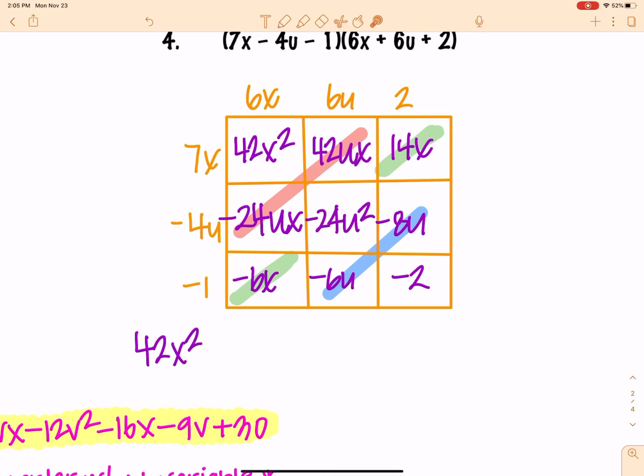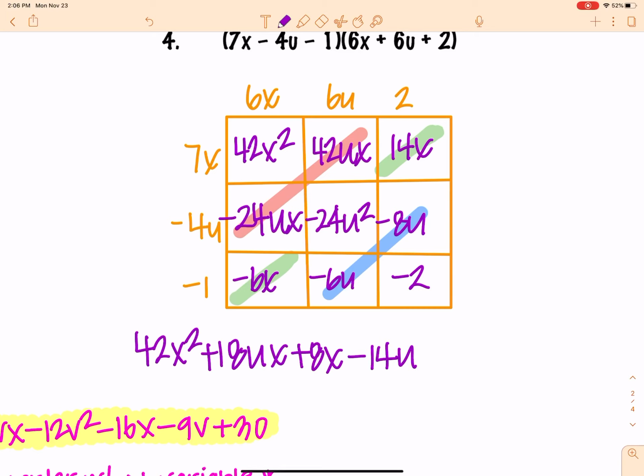Now we're going to add our combined terms, so negative 24ux and plus 42ux would be 18ux. Let's do our second round, so negative 6x and 14x makes 8x. And our last combined term, negative 6u and negative 8u makes negative 14u.